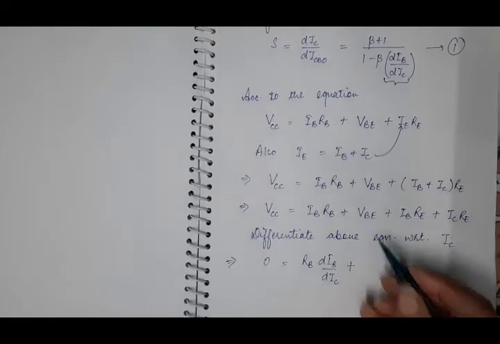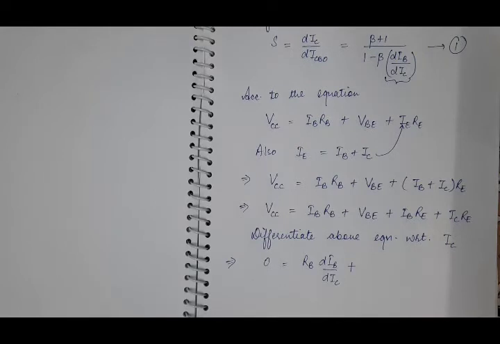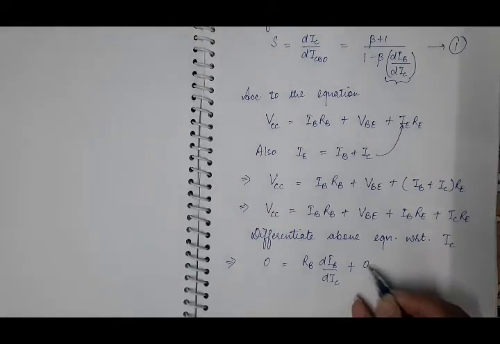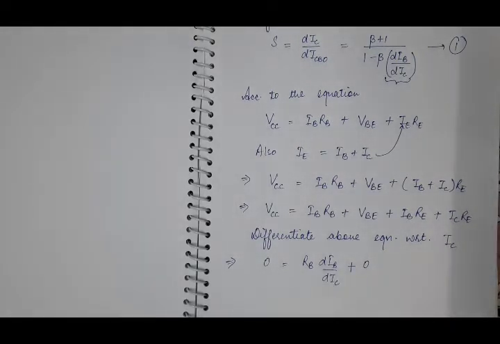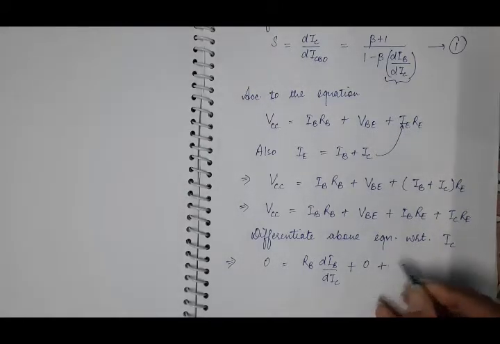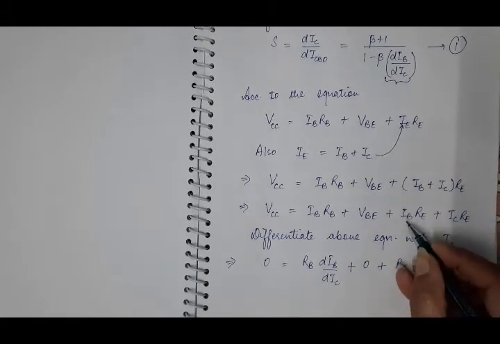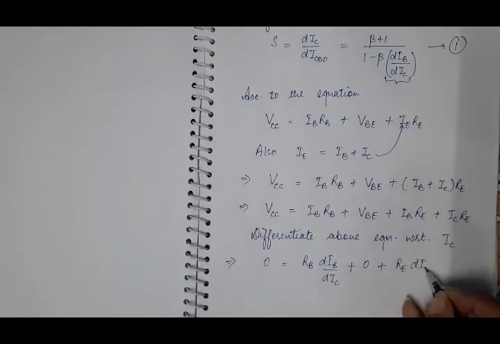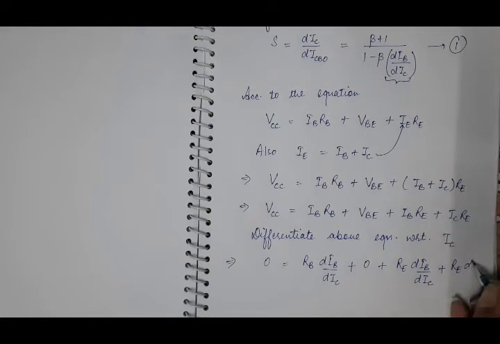Plus again this VBE is fixed for any transistor, so again it will be 0. Differentiation of a fixed quantity or a constant quantity is always 0. Plus again this RE will be fixed throughout the use. So differentiation of IB will be dIB by dIC. Plus RE is fixed. Differentiation of IC with respect to IC will be 1.